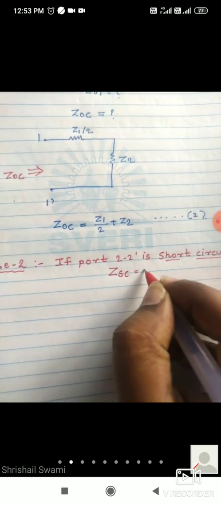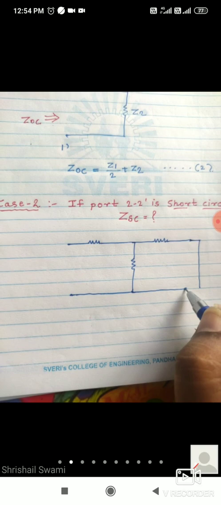SC means short circuit. काय असणार आहे? So I will draw the diagram, then you can tell. So here all three elements as it is. So the second port you have to make it short. So this is 2 dash, Z1 by 2, Z1 by 2, and this is Z2, and this is 1 dash.